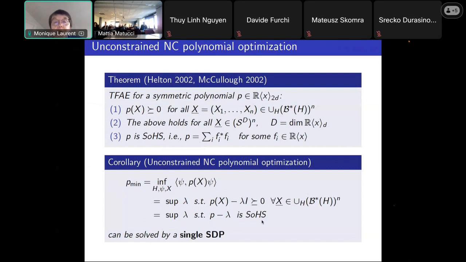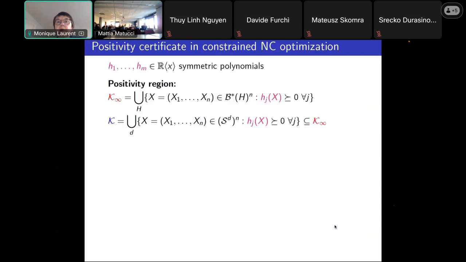So computing this minimum eigenvalue problem can be solved by a single SDP. The problem looks more difficult because we're optimizing over such an immense feasibility region, but it turns out that you can actually solve it easily by a single SDP.